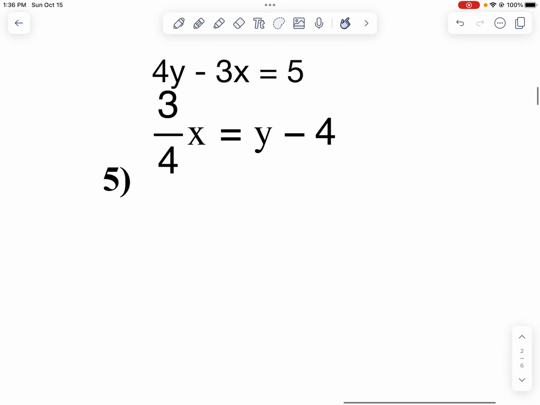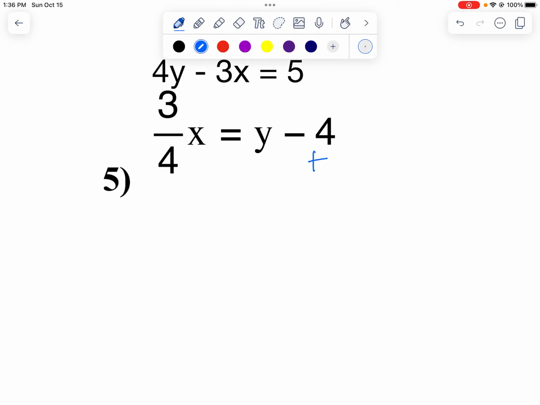Let's take a look. Ooh, this one's kind of ugly, isn't it? 4y minus 3x equals 5. But notice it looks like if I just get y by itself in the second equation, I'm just going to add 4 to both sides. So y equals 3/4 x plus 4.